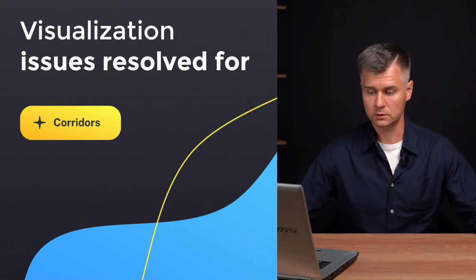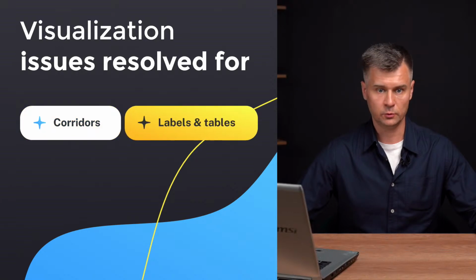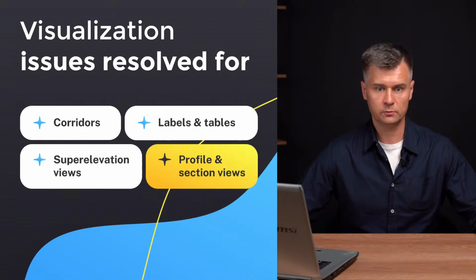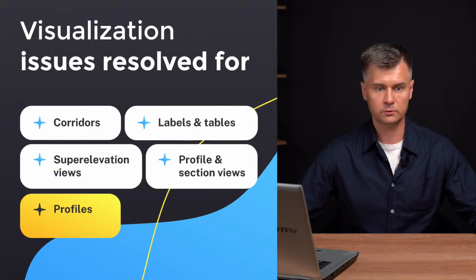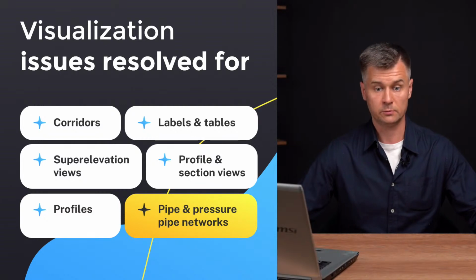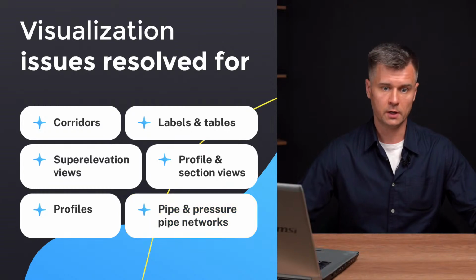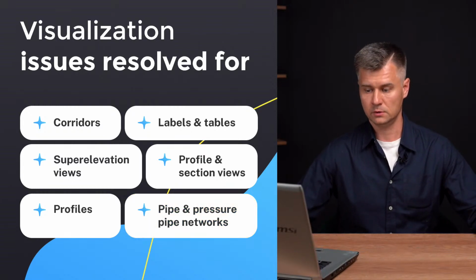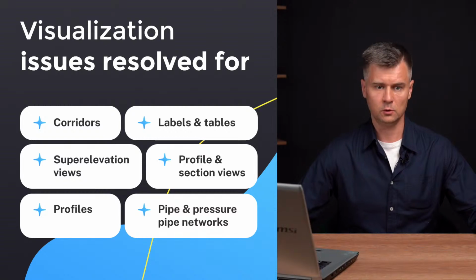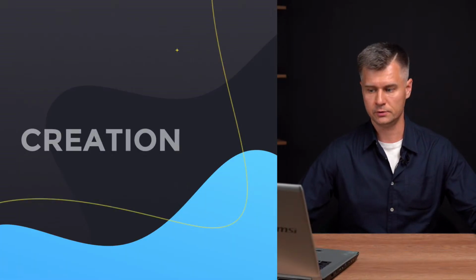We did it for corridors, fixed render area fill materials for corridors with a self-intersection, scale of corridors, angular stations, for labels and tables, for super elevation views, for profile and section views, for profiles, and for pipe and pressure pipe networks. So there were some issues raised by our membership community, and we fixed a whole bunch of reported issues for this.